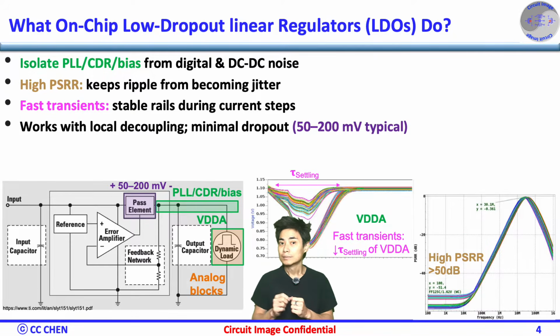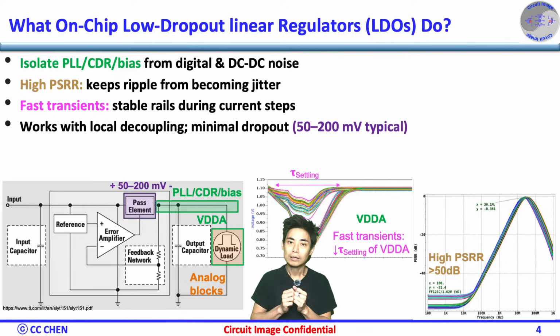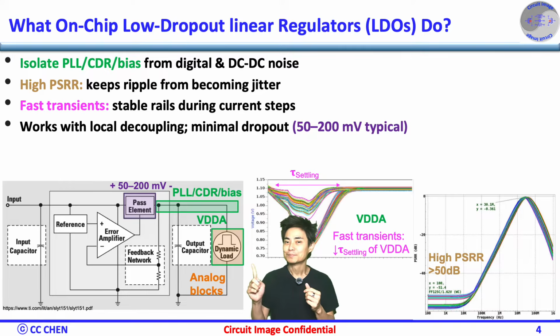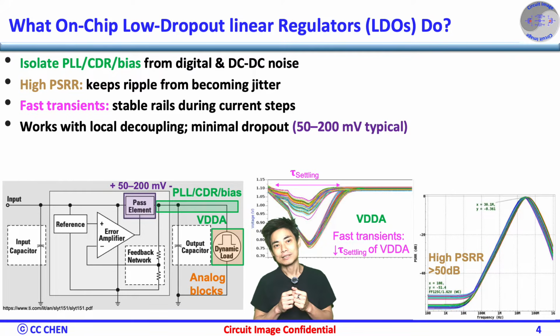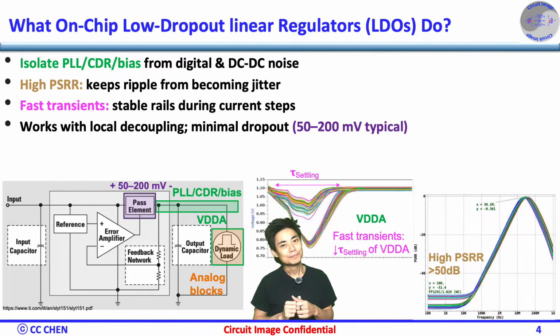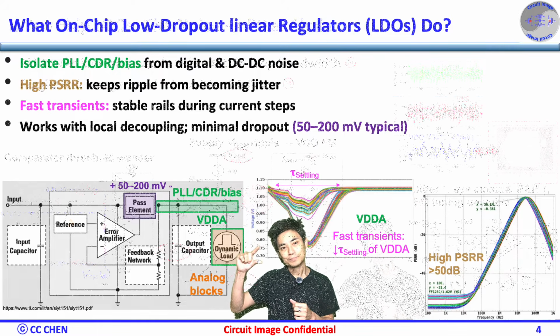First, a high power supply rejection ratio, or PSRR, which actively filters out noise and prevents it from becoming timing jitter. Second, it provides a fast transient response, ensuring the voltage remains stable even when the current demand changes rapidly. All of this is achieved with a minimal voltage drop, typically just 50 mV to 200 mV.